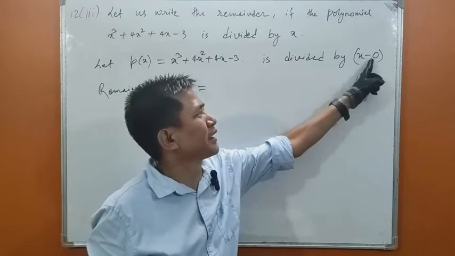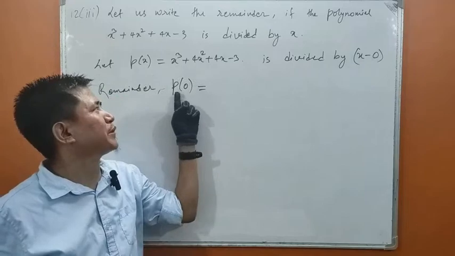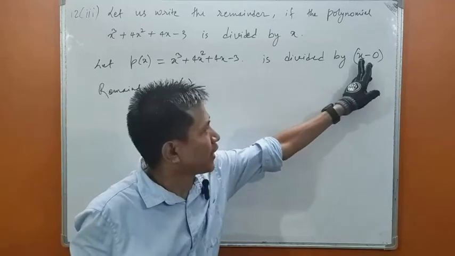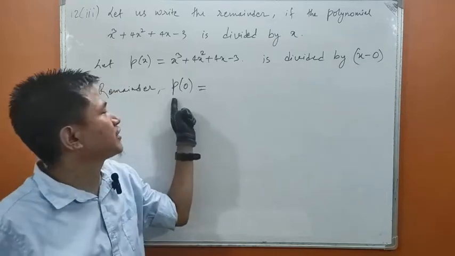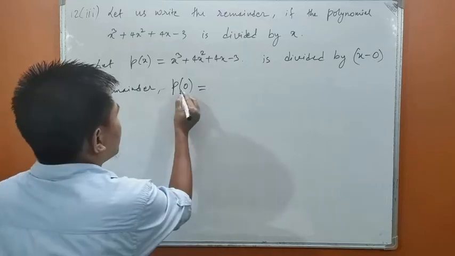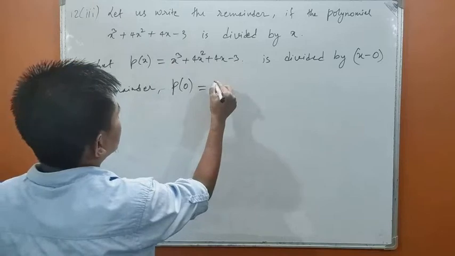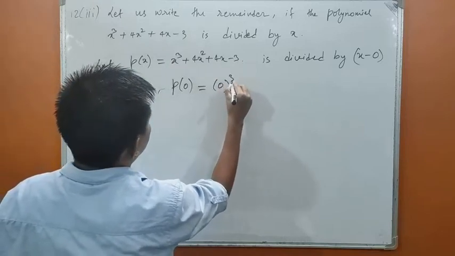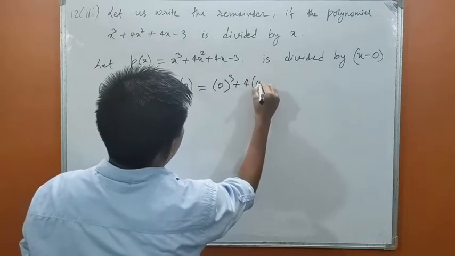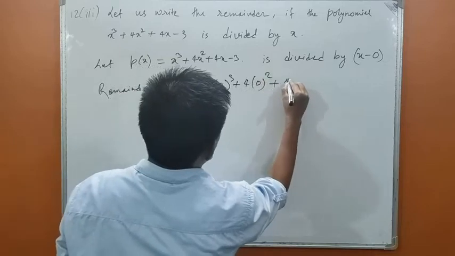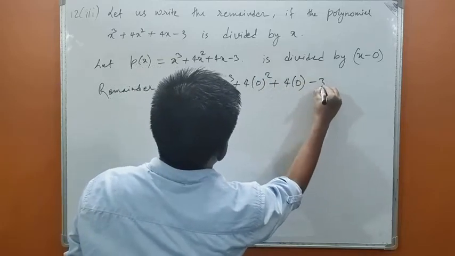So we have x minus 0, so the remainder is p of 0. So since p of x is this, p of 0 would be, instead of x we write 0 cube plus 4 times 0 square plus 4 times 0 minus 3, isn't it?